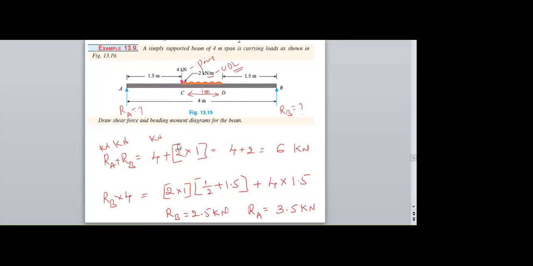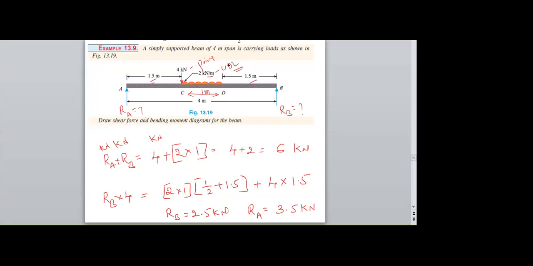So I need to convert this 2 kilonewton per meter into kilonewton. So I need to multiply with the distance over which that UDL acts. So the UDL distance here is 1 meter, because both sides are given as 1.5, 1.5.